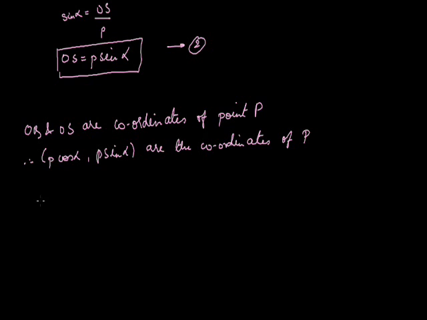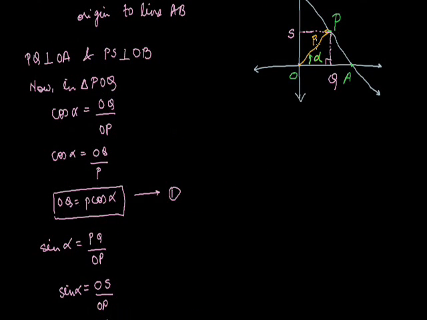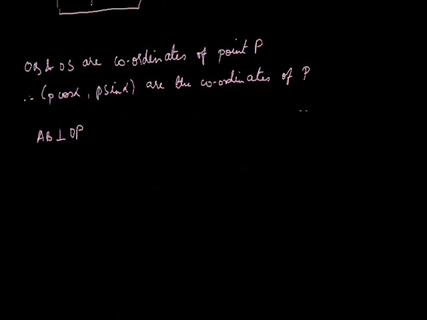Now I know that my AB is perpendicular to OP and OP makes an angle alpha with the positive direction of the x-axis. Hence the slope of AB into the slope of OP is equal to -1, since both are perpendicular to each other. Hence the product of the slopes of AB and OP gives me -1 as the result.